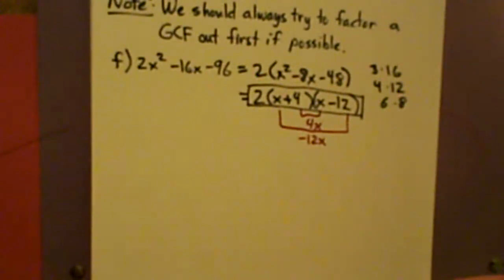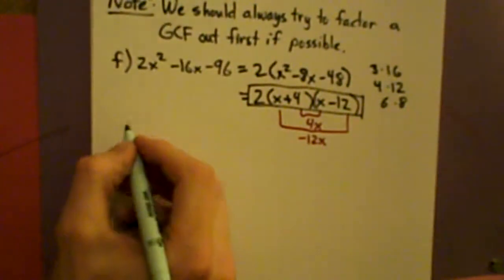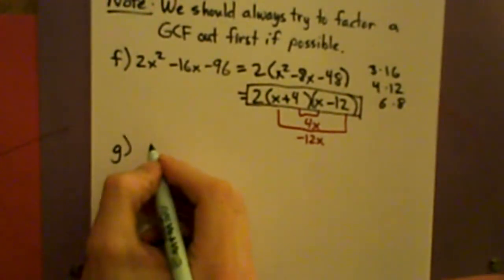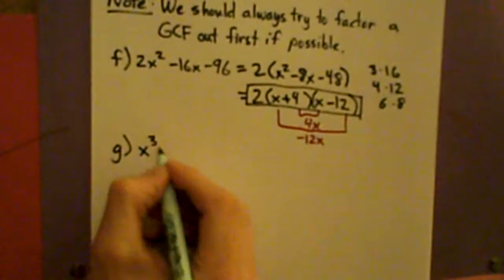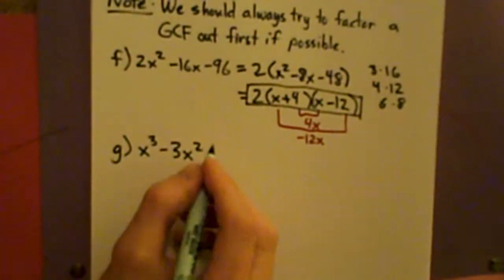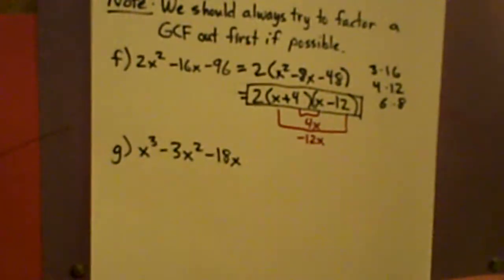Alright, I would like to take a look at just one more example of these, and that is Example G. x cubed minus 3x squared minus 18x.